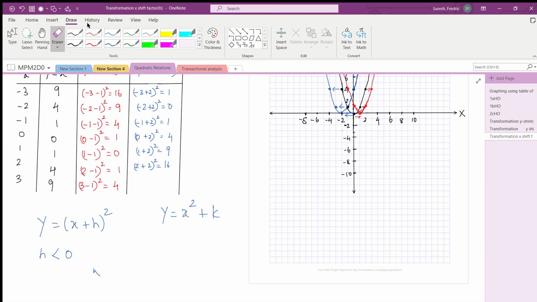Okay, here we are. It is shifting to the right.